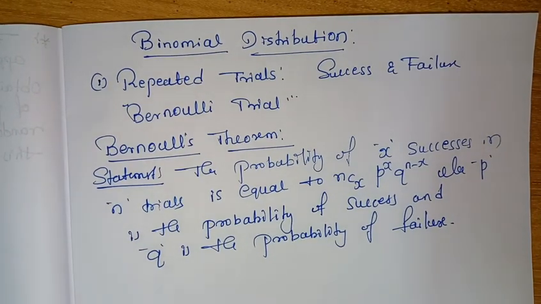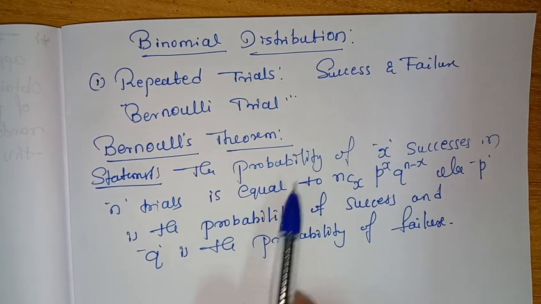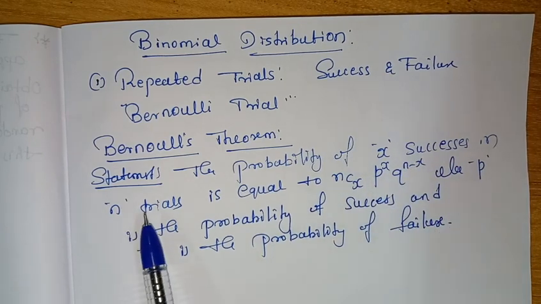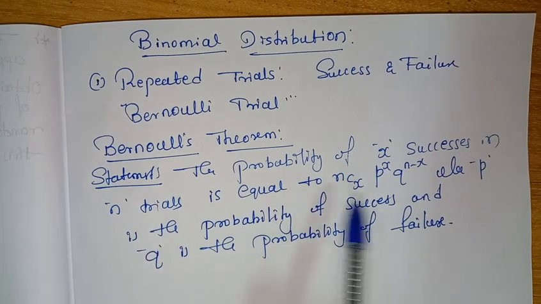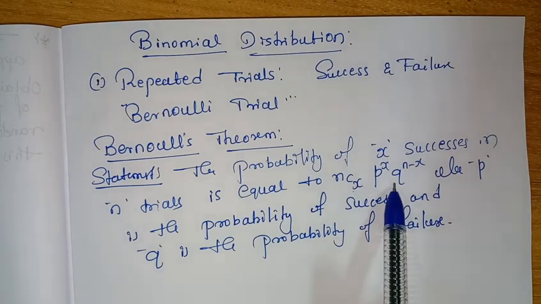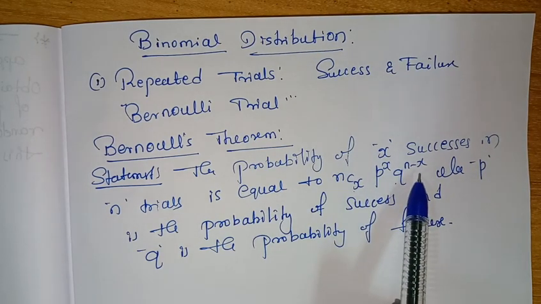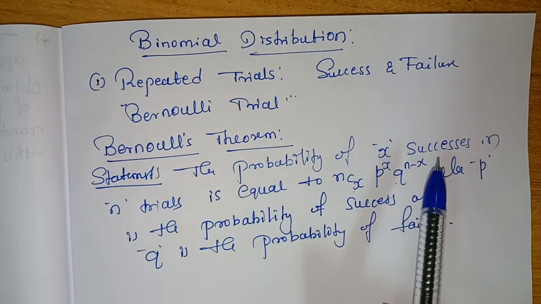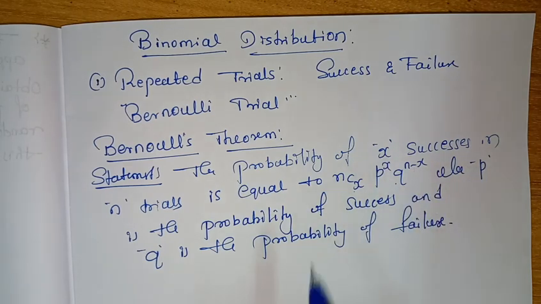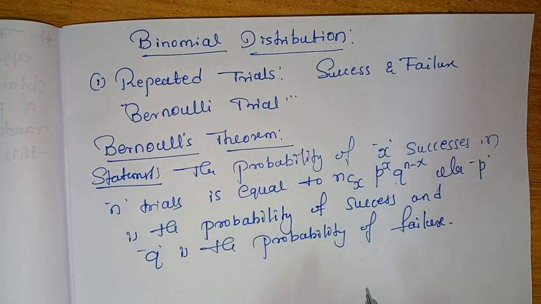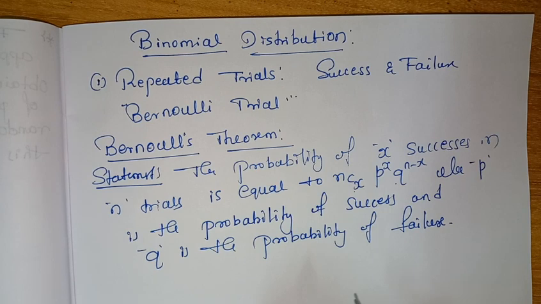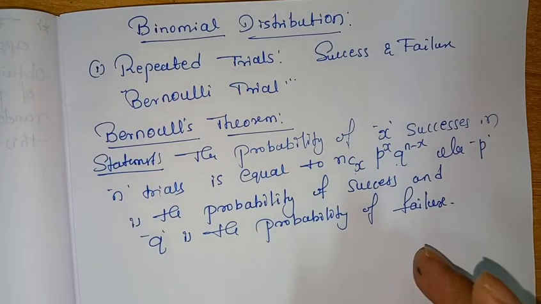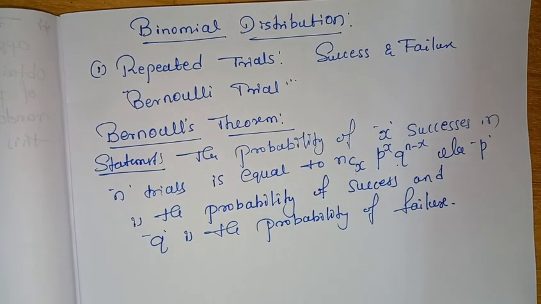What it says is that the probability of X successes in n trials is equal to NCX p power x into q power n minus x, where p represents the probability of success and q is the probability of failure. This states Bernoulli's theorem. Now based on this, we'll move on to binomial distribution.